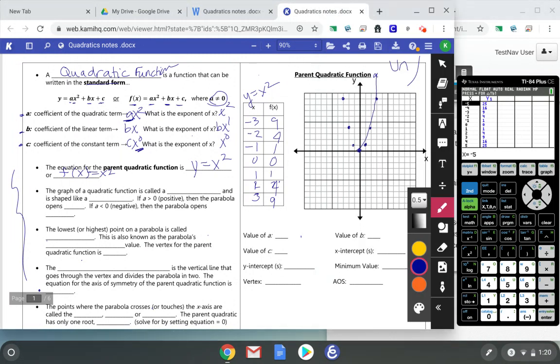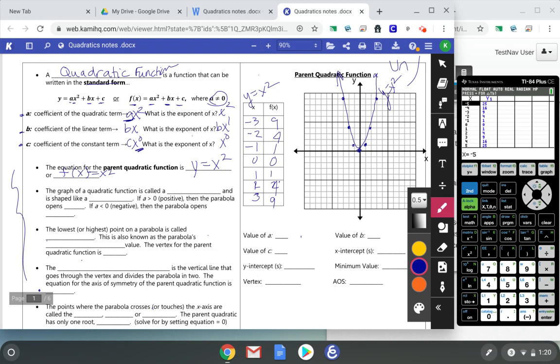And then I have a curve that's going to go up and out along the other side. Okay. And I'm going to label this y equals x squared.